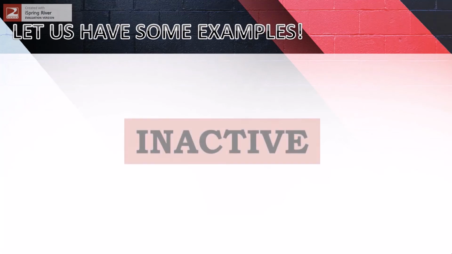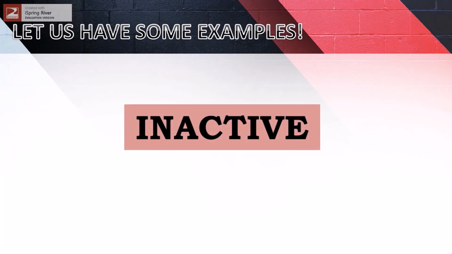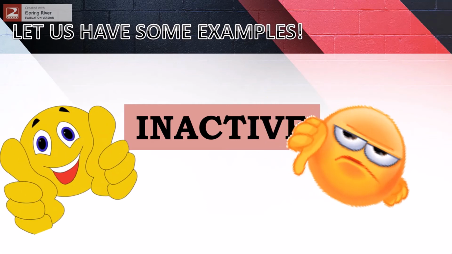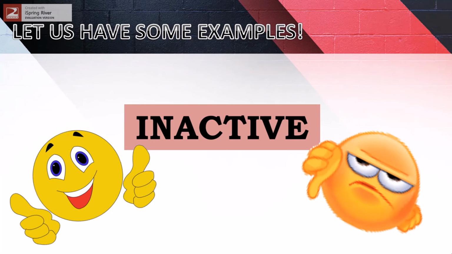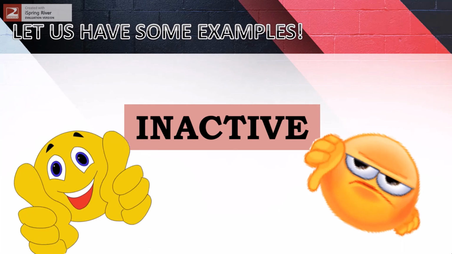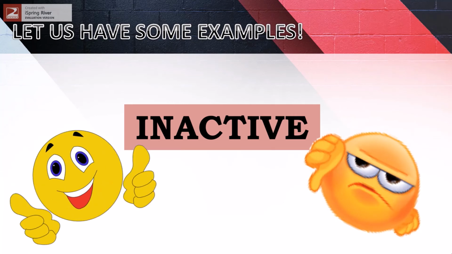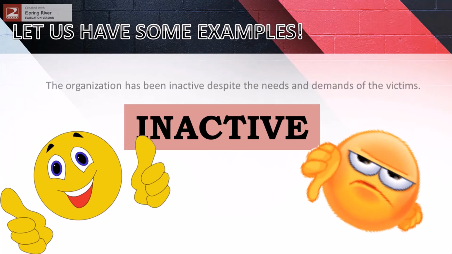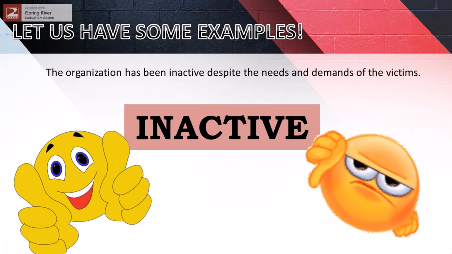Let us have more examples. The word is inactive. What do you think is that? It can be positive or negative. That means the word inactive is neutral. And to make it clear to you, here is an example sentence.